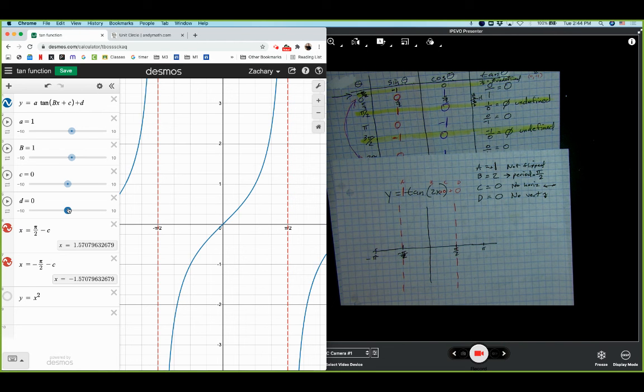All right, now we have to look a little closer. One sec, let me do some real quick. Tangent of 0 is 0, 0. No horizontal shift.